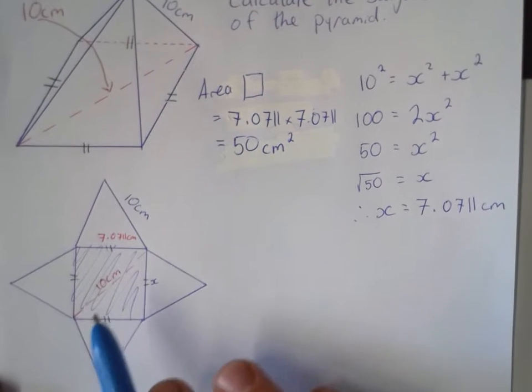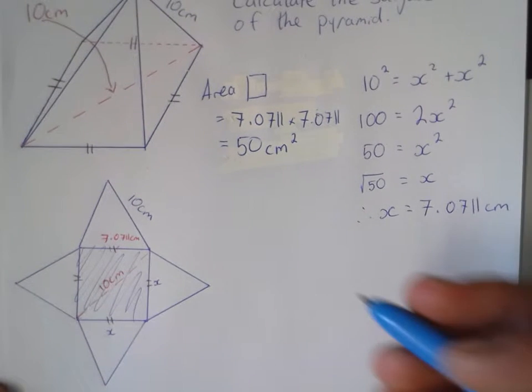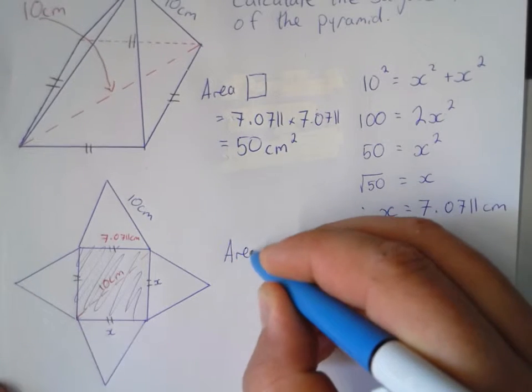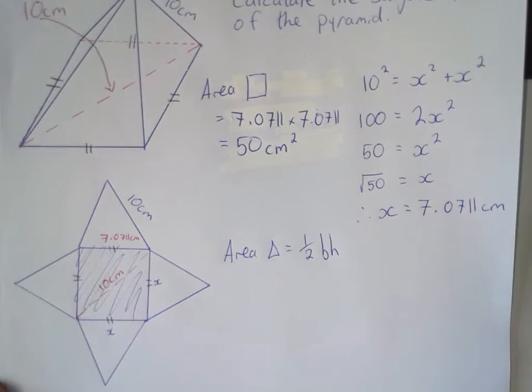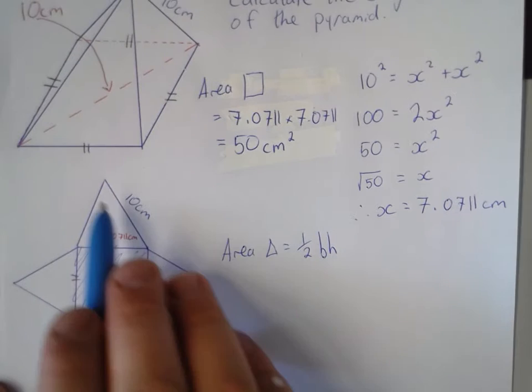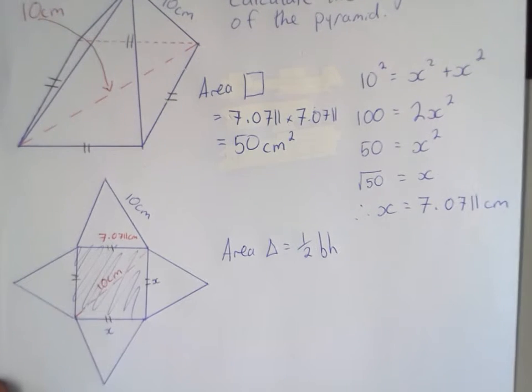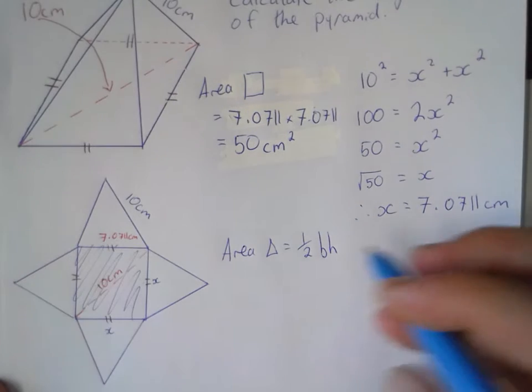Great. Now that we've done that, all we need to do is work out the area of a triangle. We know the area of a triangle is equal to a half base times the height. Now we've got the base of this triangle, but whenever we're dealing with height, we need to find our perpendicular height. We don't have a perpendicular height, but within this triangle I'm going to draw it over here.